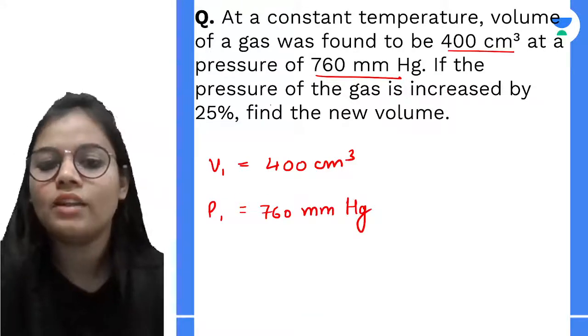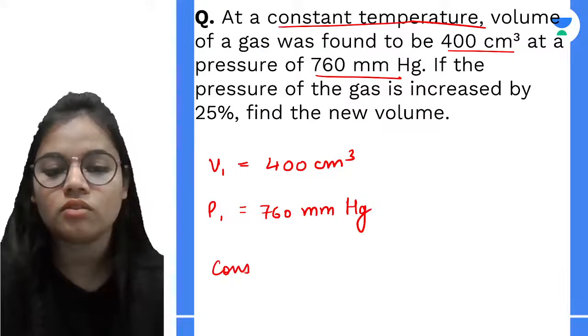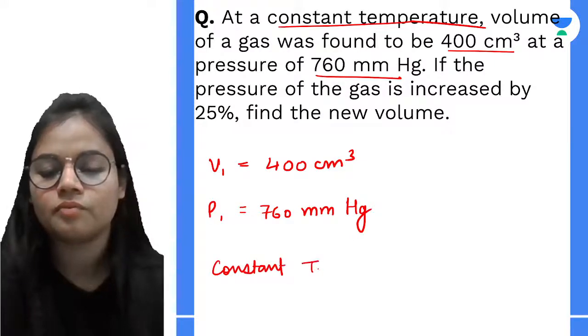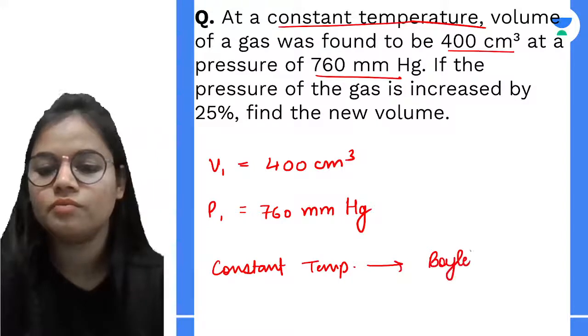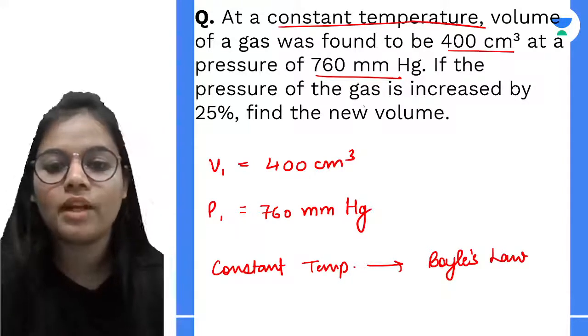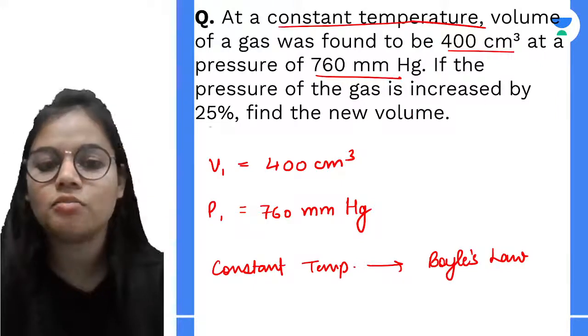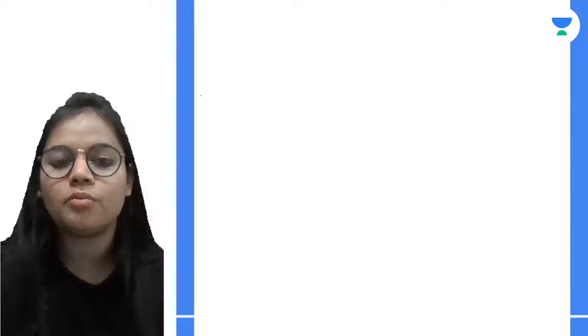Now it is told that the pressure is increased. First of all, constant temperature is given, so that means Boyle's law. If the pressure of the gas is increased by 25%, how do we calculate pressure 2?